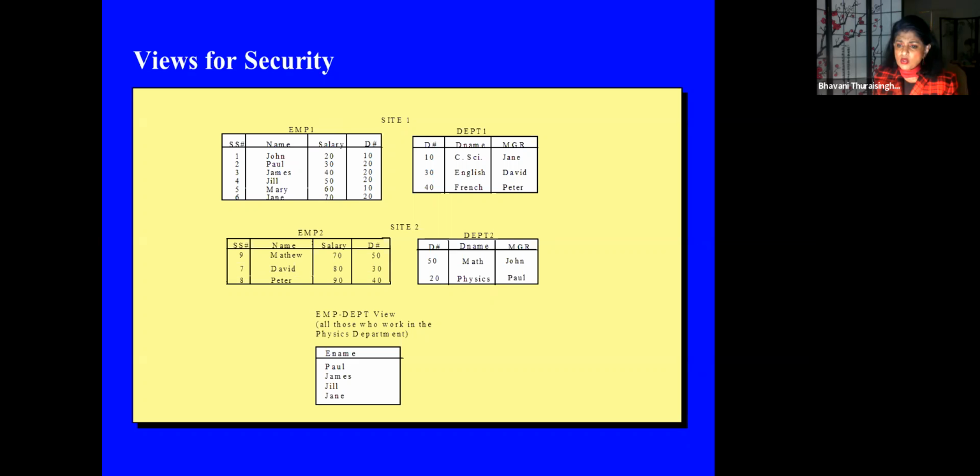So it looks like although physics department information is in site 2, people in the physics department, let's see, all right, yes, one of them is in site 2, and we also have one person in site 1, right? So if you want to form a view of the people in the physics department, I don't know whether I formed it correctly.